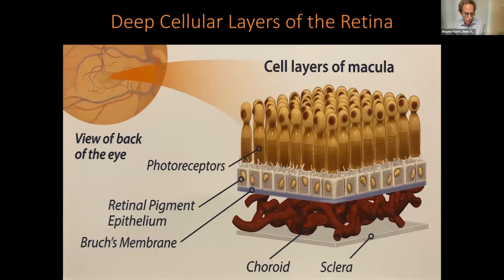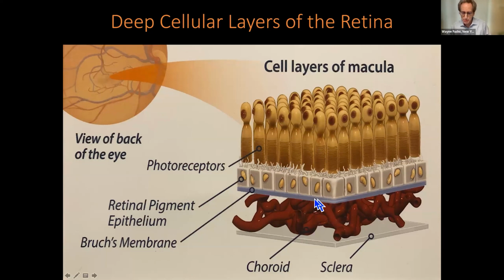immediately. We revisit that cartoon of the deep cellular layers of the macula to explain distortion experienced when angioid streaks are complicated by choroidal neovascularization. As I said, the choroidal vessels are underneath Bruch's membrane, separated beneath the pigment epithelium.